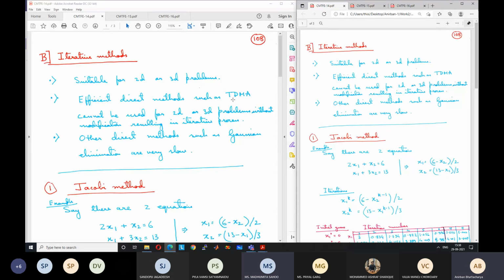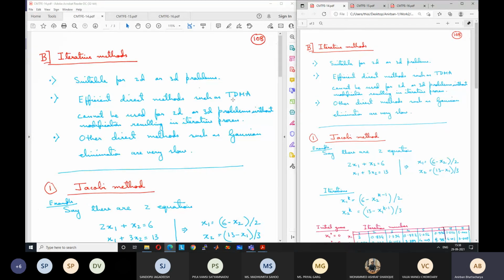Yes, good, correct. For a 1D problem, there is a point and 2 neighboring points, so 3 diagonals will have values. If it's a 2D problem, we have seen that 1 point is there and 4 neighboring points are there. So if the point is ij, then I have ij+1, ij-1, i+1j, and i-1j. So a total of 5 points will be there in each equation.